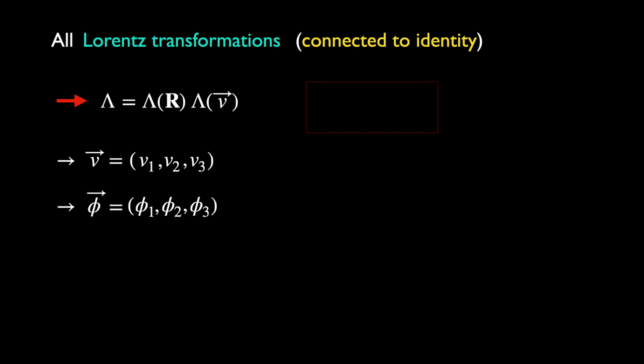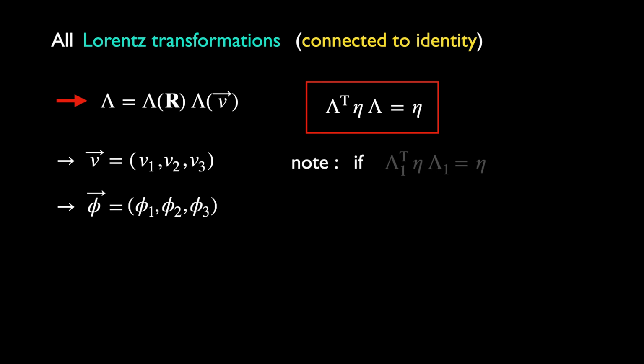Just to be clear, in so writing, we are using the fact that if lambda 1 and lambda 2 are both Lorentz transformations which satisfy the invariance equation, then so do their composition.